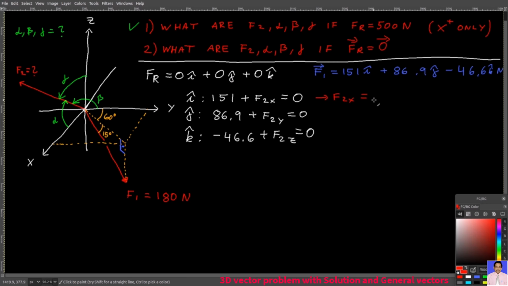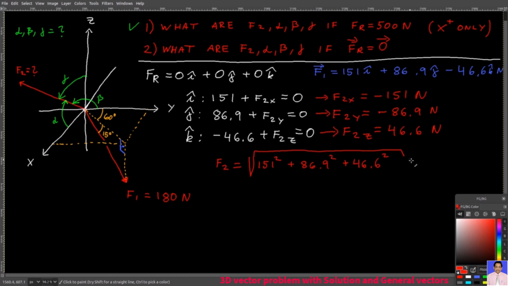So F2x equals minus 151 newtons, F2y equals minus 86.9 newtons, and then F2z equals 46.6 newtons. The magnitude of F2 equals the 3D Pythagoras theorem, and you get 180 newtons.